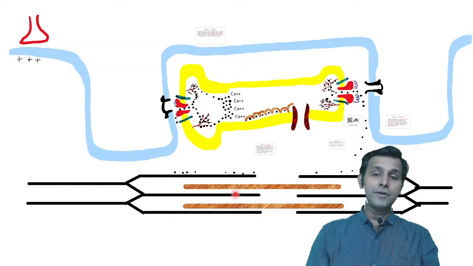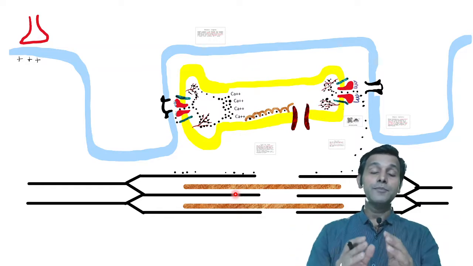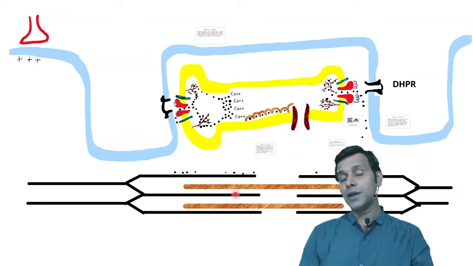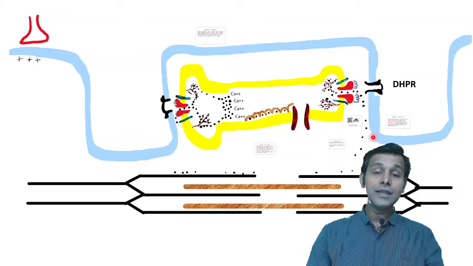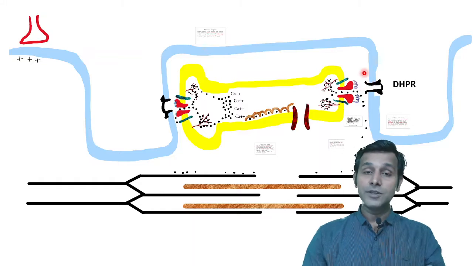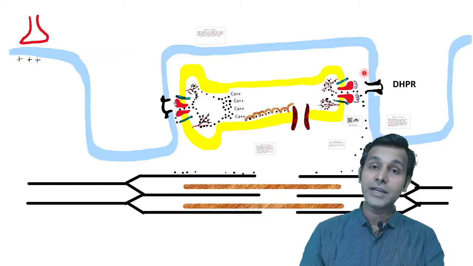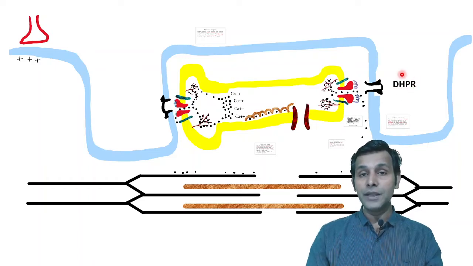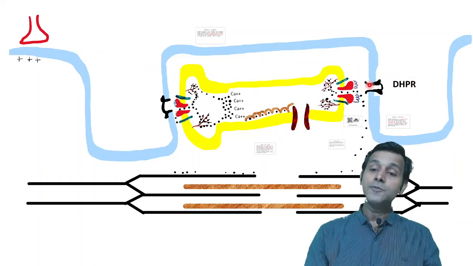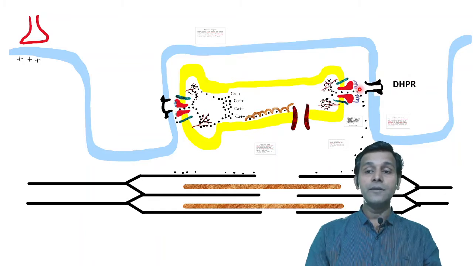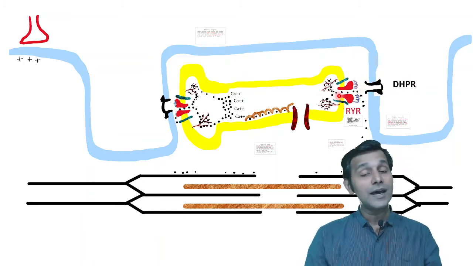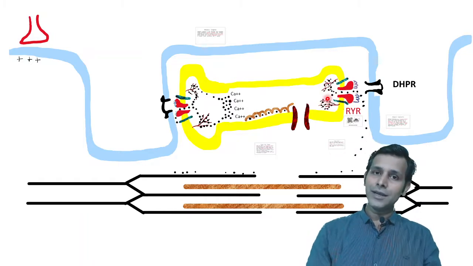Let us look at the sequence and all the related proteins in EC coupling. We have DHPR on the T tubule, which is a modified voltage gated calcium channel, also known as dihydropyridine receptor. The DHPR on the T tubule is in mechanical connection with another protein on the L tubule known as RYR, that is ryanodine receptor.